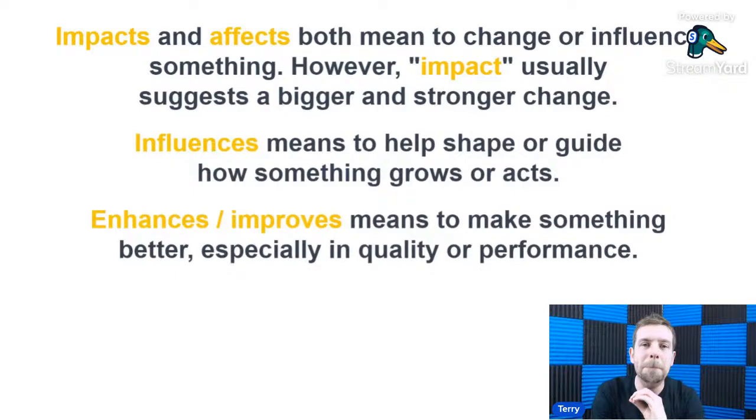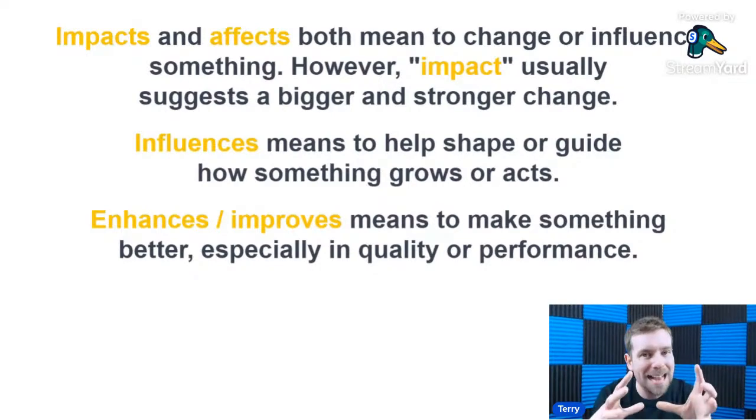Now, when we look at the meaning, the differences in these four verbs, because at the moment I'm creating a course, English for Software Engineers, a big part of my work is just discovering the most important or the critical verbs, right? Just knowing which ones are the best. Impacts and affects both mean to change or influence something.